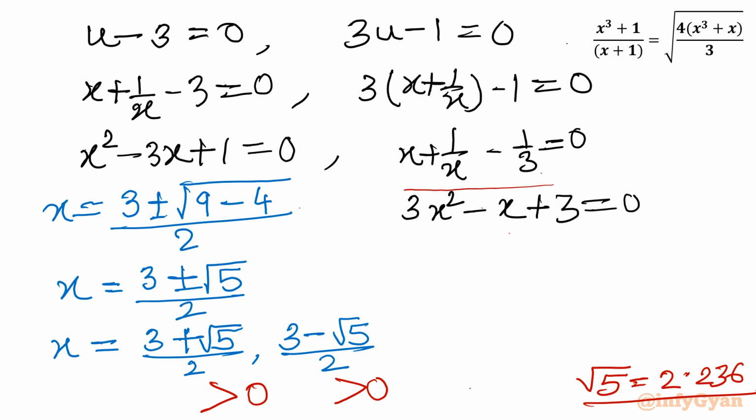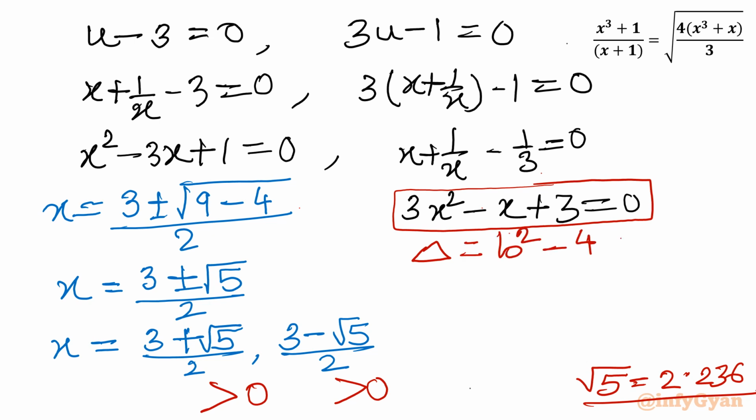Now come to this second quadratic equation. Let's check the discriminant only. So discriminant is b square minus 4ac. So I can write here 1 minus 4 times 9. So it is 1 minus 36, so minus 35. So a very important conclusion is coming out.